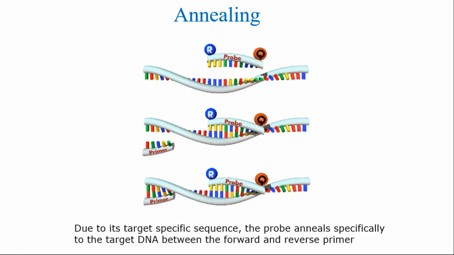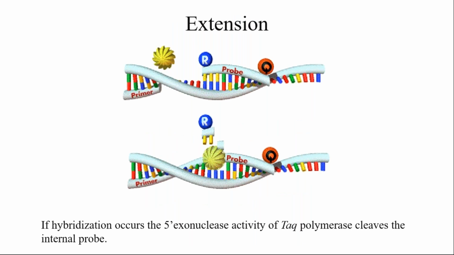Now, in the next step, when extension takes place and the double strand is being built, the Taq polymerase comes and the extension of the DNA strand takes place. At that time, the 5' exonuclease activity of the Taq polymerase that we use will cleave this probe.